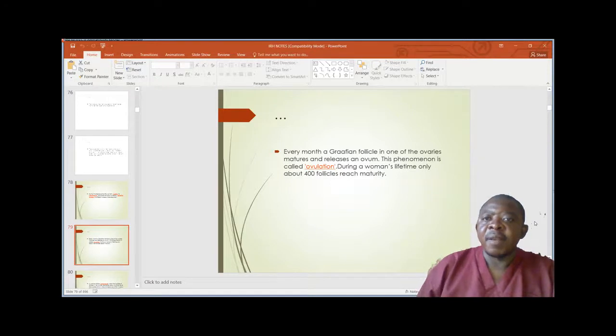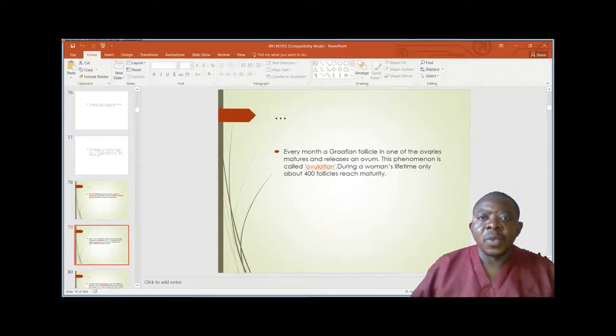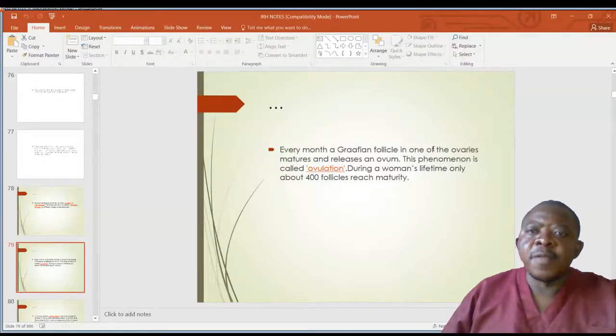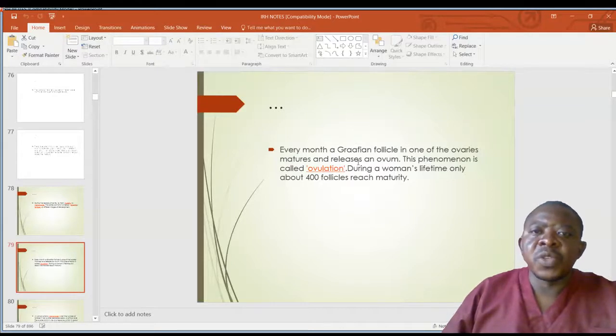Every month, a Graafian follicle in one of the ovaries matures and releases an ovum. This phenomenon is called ovulation.